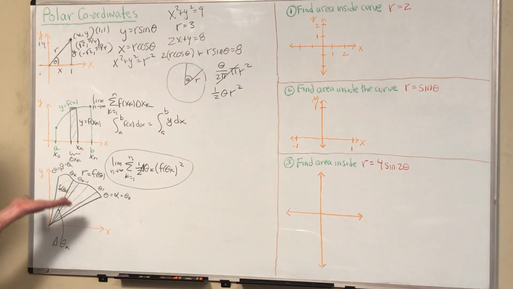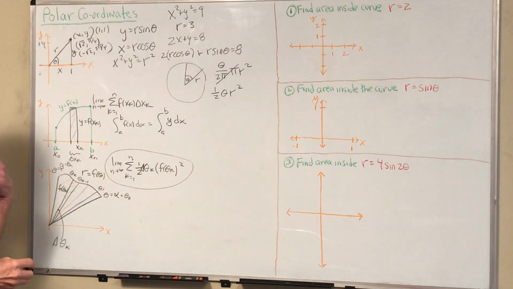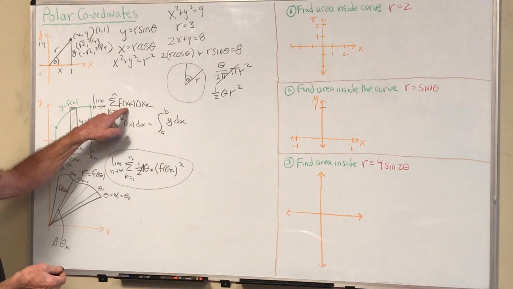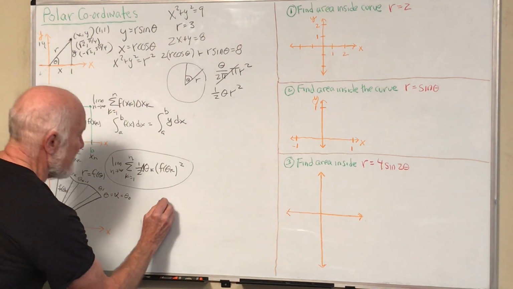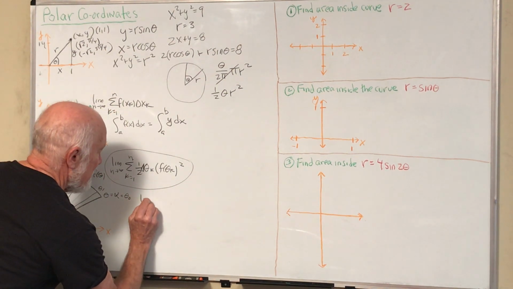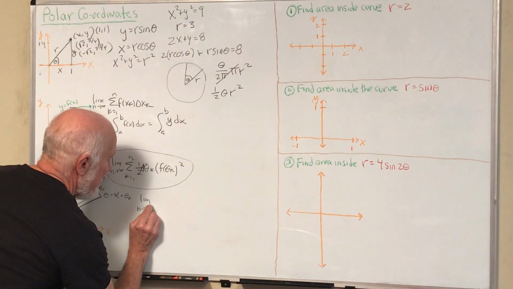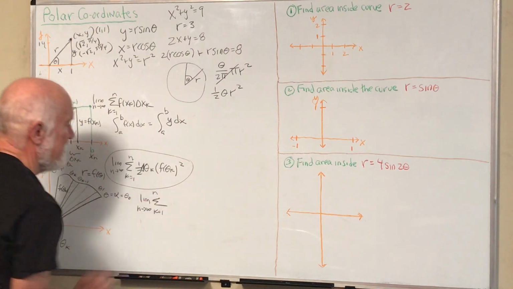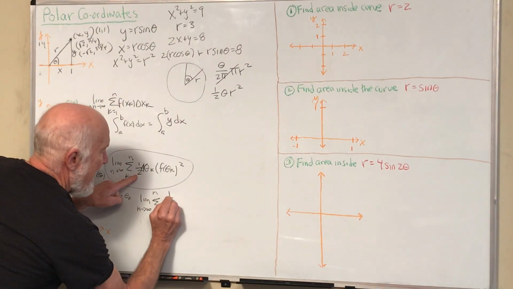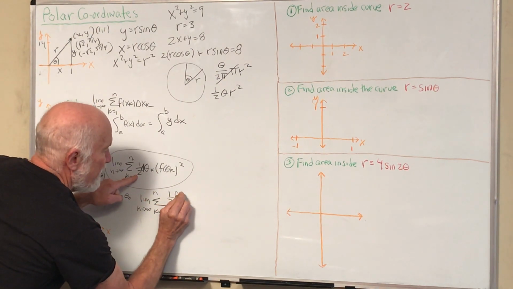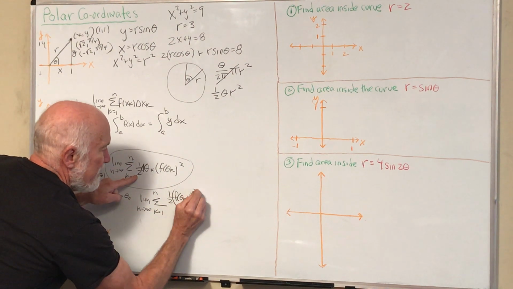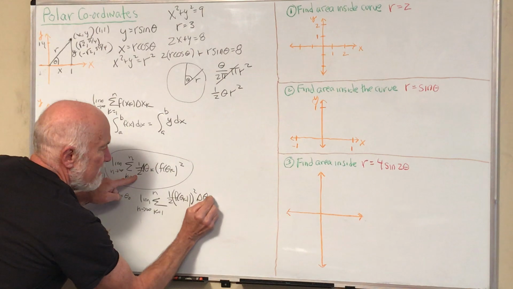But we're wondering, that looks really complicated. Is there a way I can do this and make it look like this? Well, it really is. You've got the limit as n approaches infinity, you've got the summation, k equals 1 to n, 1/2 f of theta sub k squared delta theta sub k.